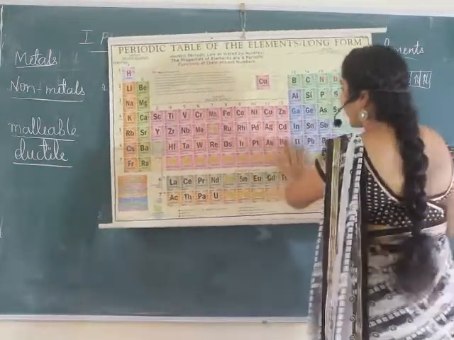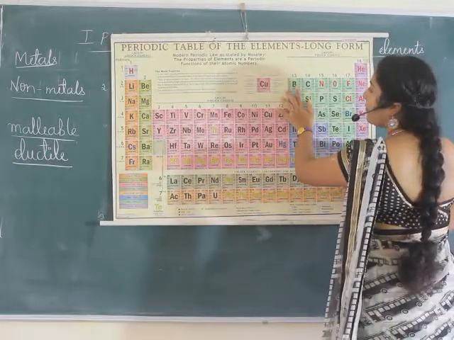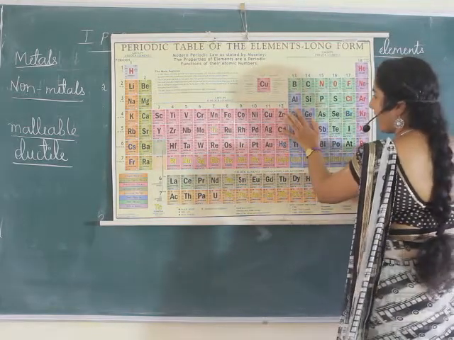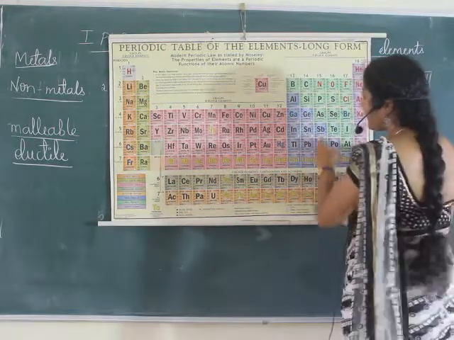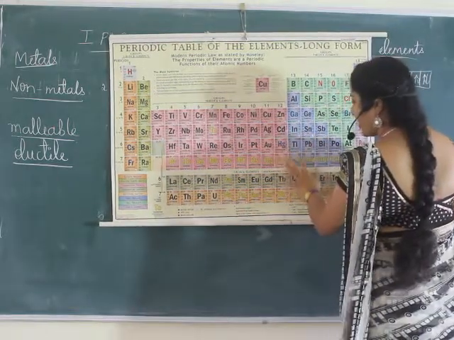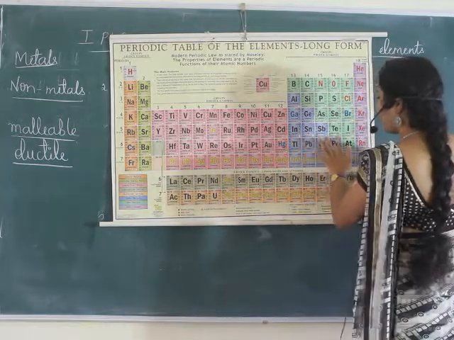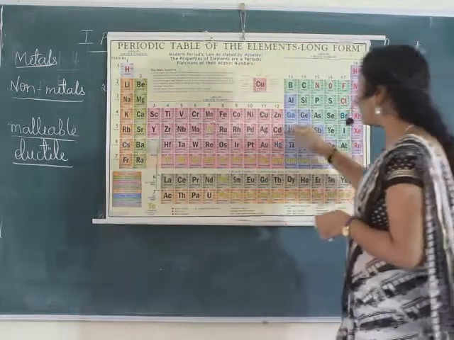As you move to the right side of the periodic table, you see here boron, carbon, nitrogen, oxygen, fluorine. What are these? They are non-metals. Then as you come down, you see tin, lead, antimony, bismuth, tellurium, polonium. Polonium is radioactive, however.